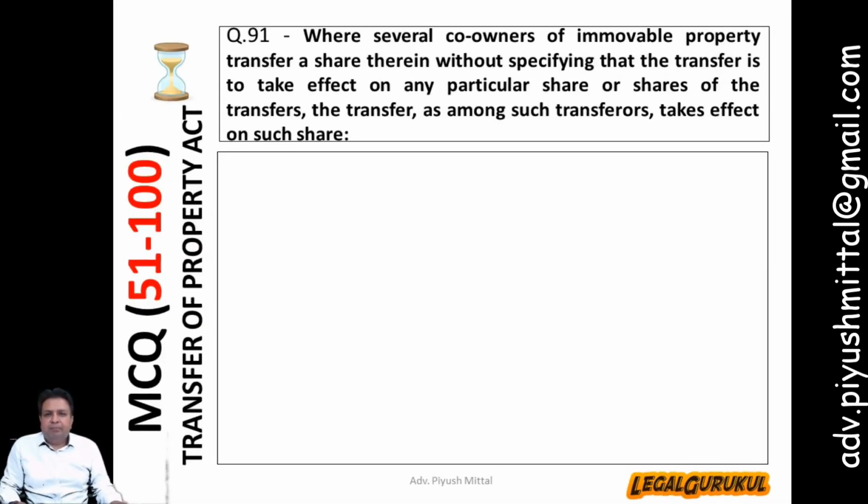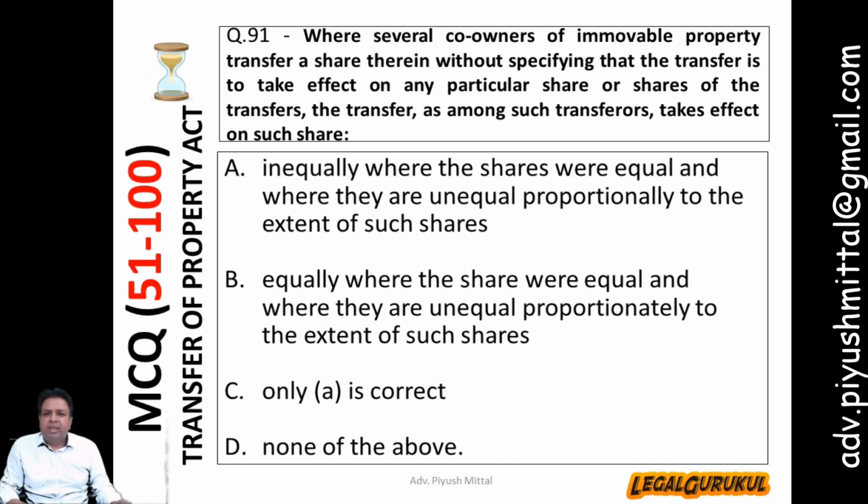Question number 91. Where several co-owners of immovable property transfer a share therein without specifying that the transfer is to take effect on any particular share or shares of the transferors, the transfer as among such transferors takes effect on such shares A. unequally where the shares were equal and where they are unequal proportionally to the extent of such shares.